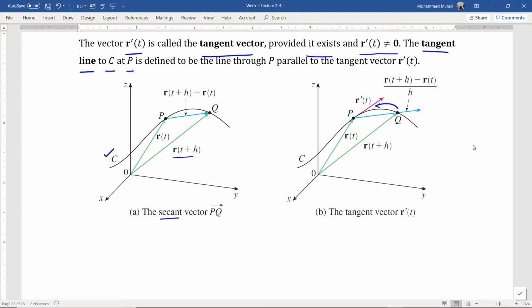So the vector shown in pink is called the tangent vector. The tangent line to the curve C at the point P is defined to be the line through the point P parallel to the tangent vector, defined by r prime of t.